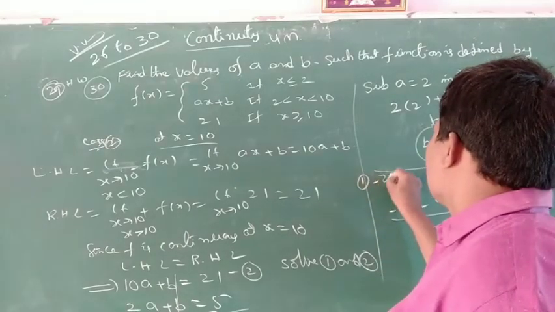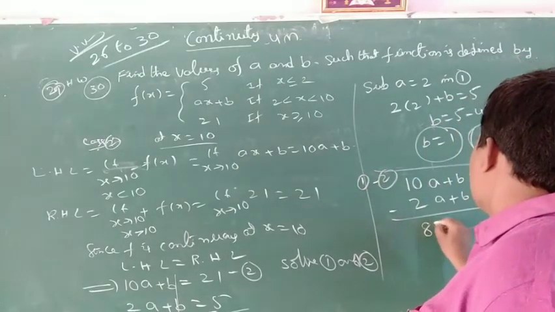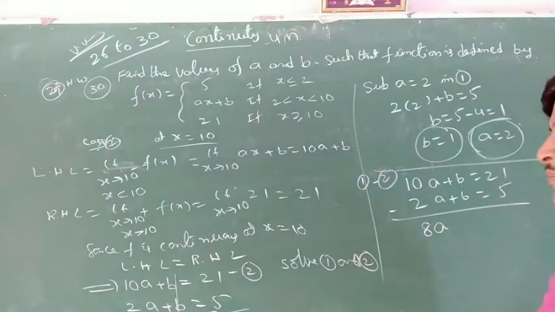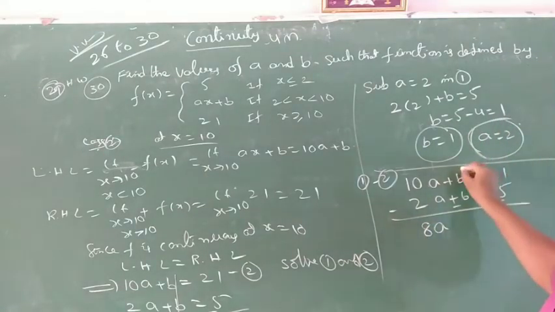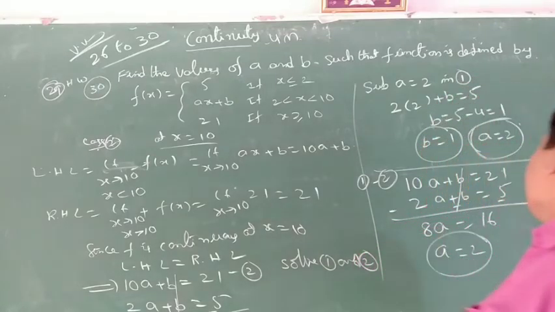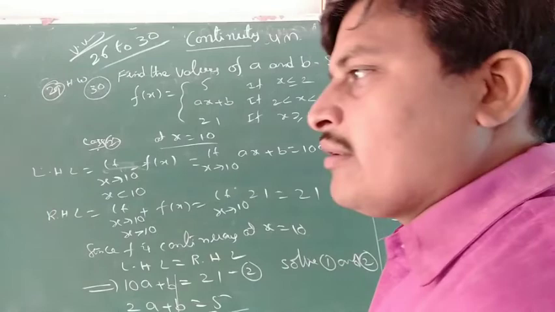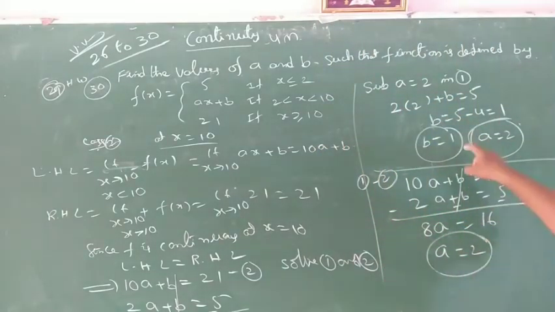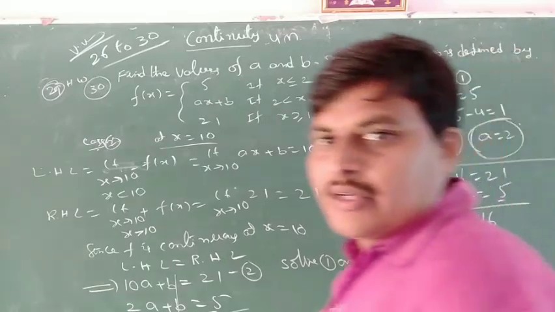So 10 minus 2 is equal to 8a, the b cancels, and 21 minus 5 is 16. That gives A equal to 2. Substitute the value of A in equation number 1 or 2, either one, and we get the B value. Okay, that gives the A and B values.